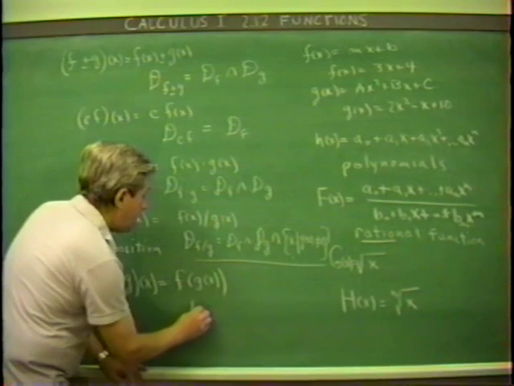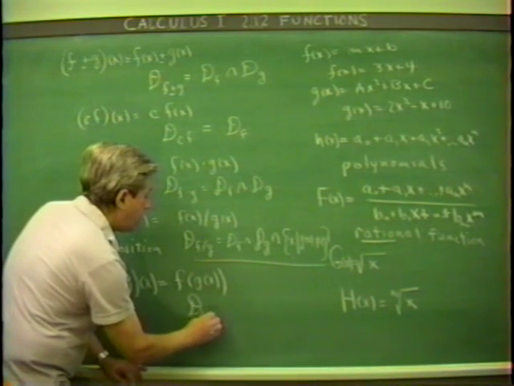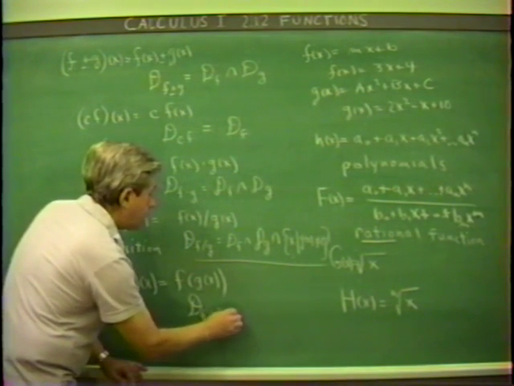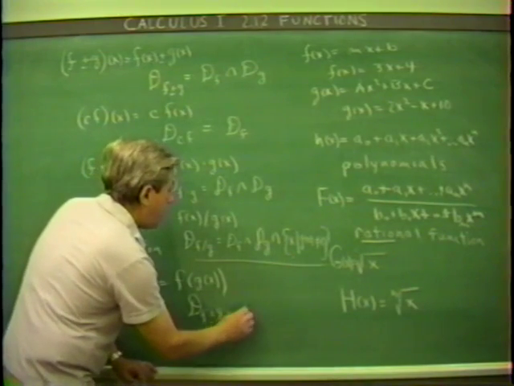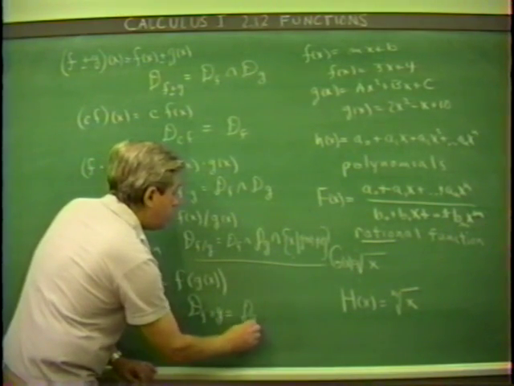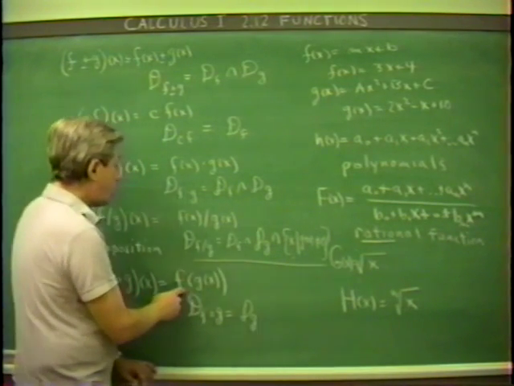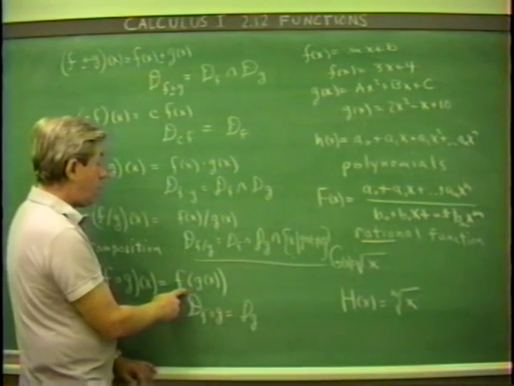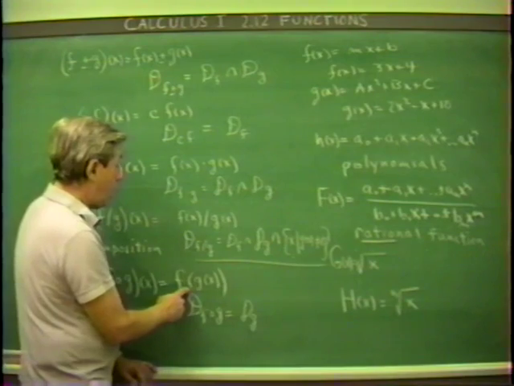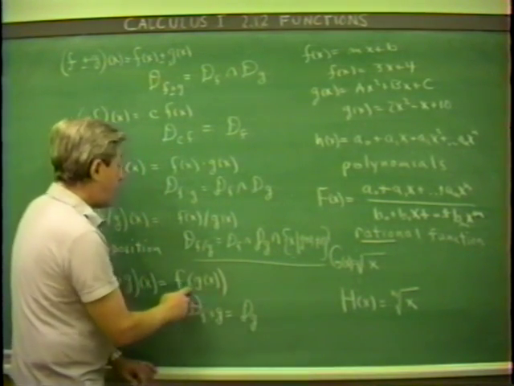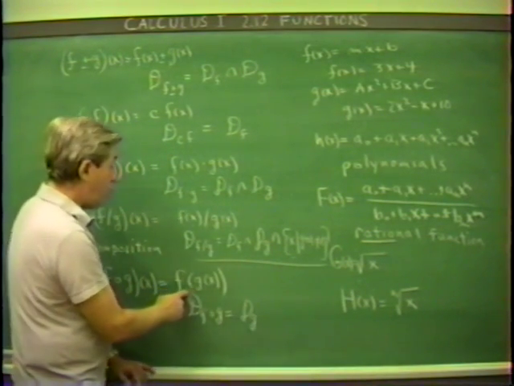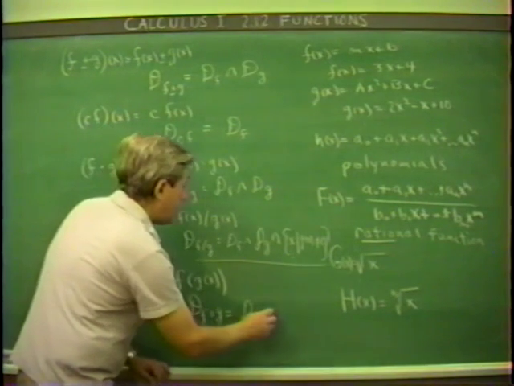The domain of f composed with g is within the domain of g. First of all, g must be defined, and then also an element g of x must be in the domain of f.